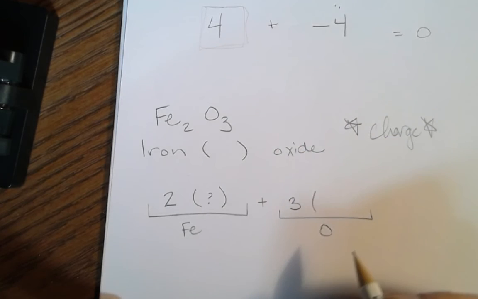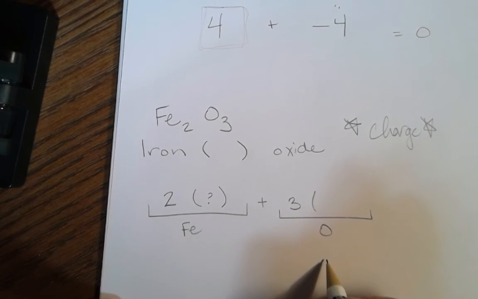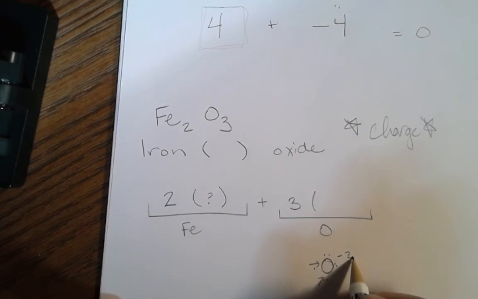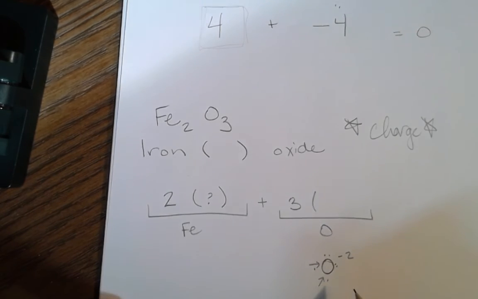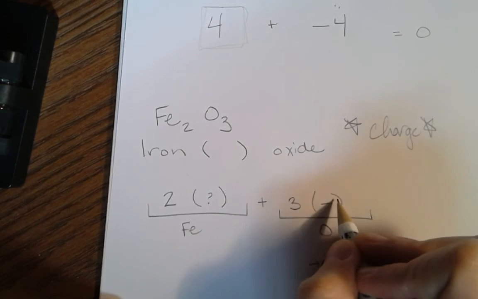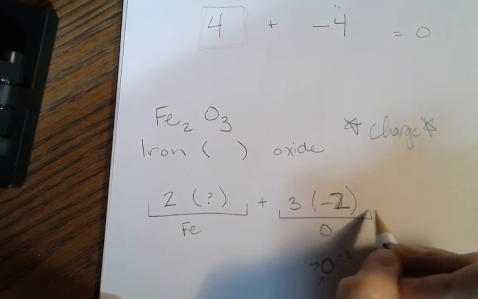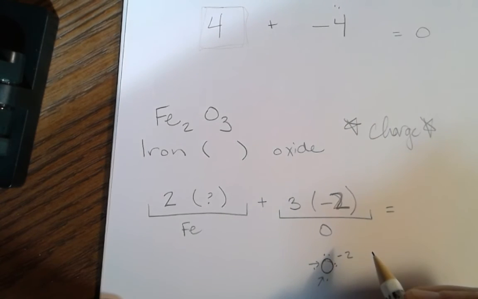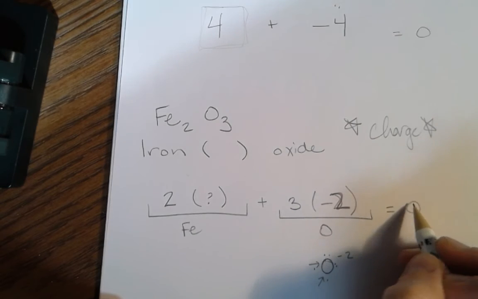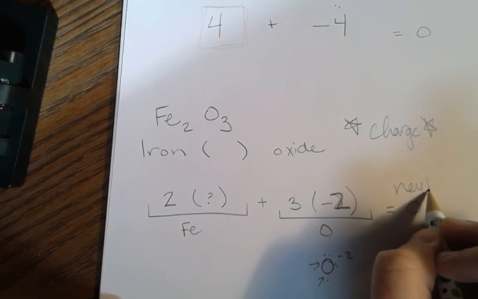Oh, and I even did oxide with titanium. I should have done something else. Oh well. But luckily, you're going to see a lot of oxides because they're really popular. And all oxide ions always have a charge of -2. You want this to be neutral, equals 0.